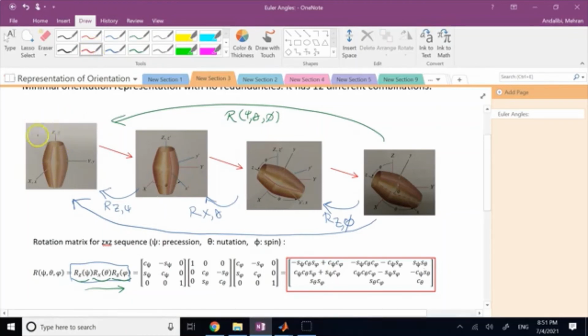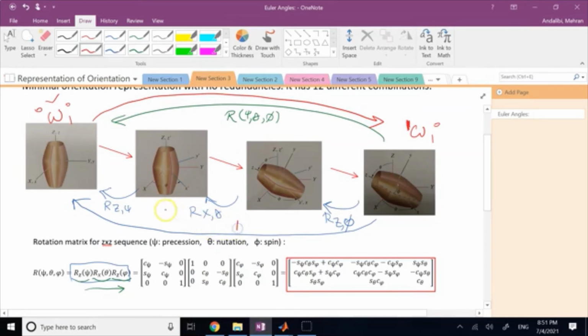I found everything with respect to this frame 0. Remember, cap Z is 0. I found this one. I want to come back here. I want it with respect to frame 1, which is a small xyz. Actually, I want to go this way. How do I go?